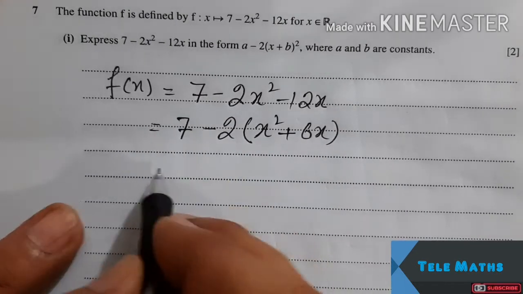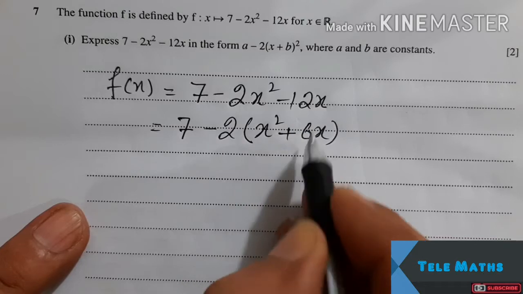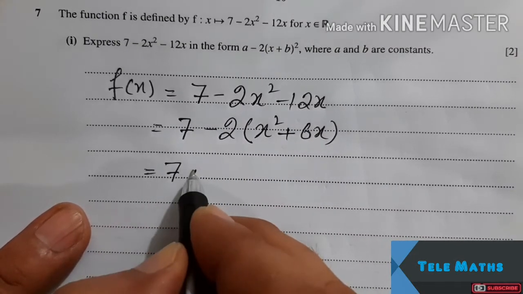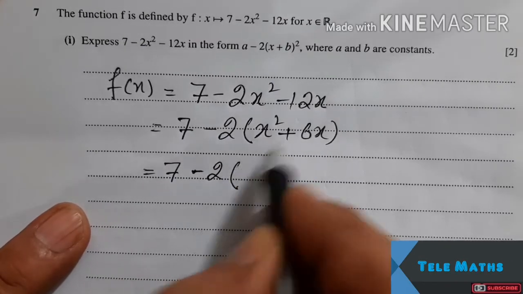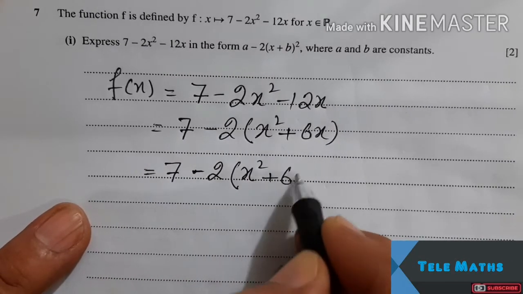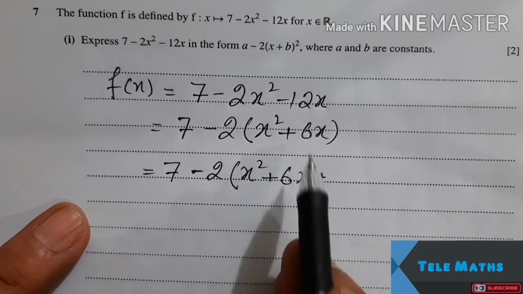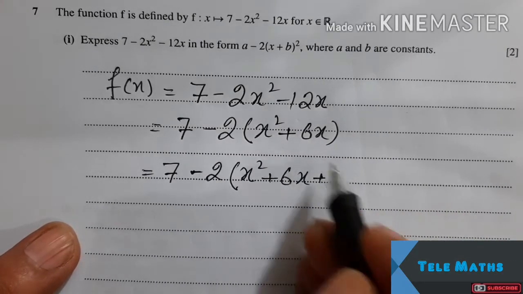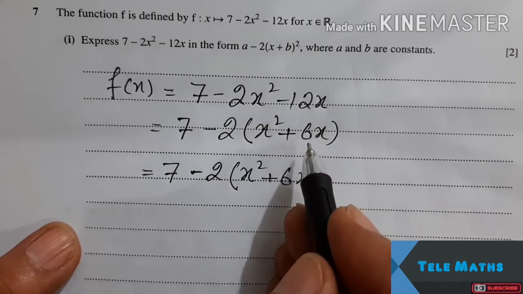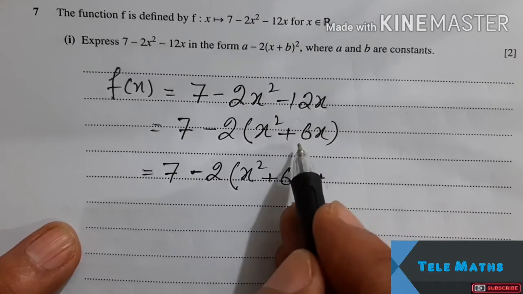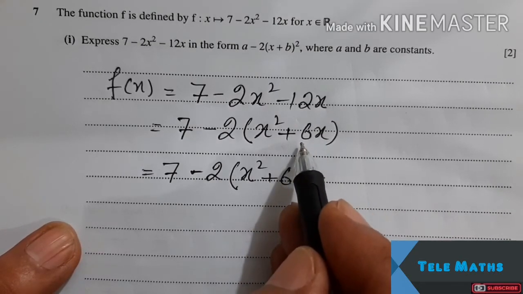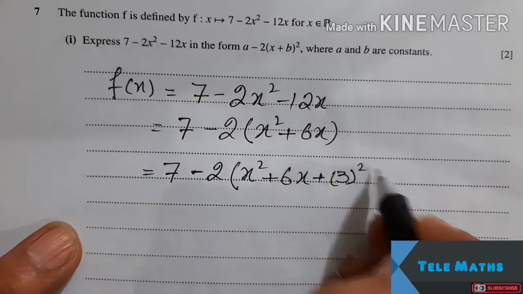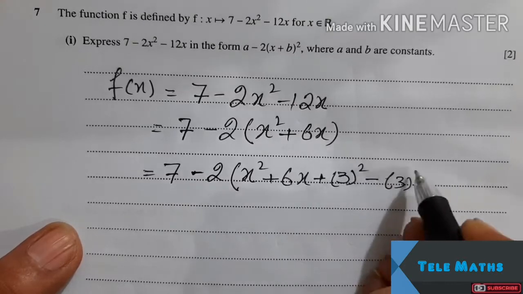So plus. Now I'll try to complete the square of these two terms only. So 7 minus 2 x square plus 6x. I hope all of you know the method of completing square. I'll have to add and subtract the square of the half of coefficient of x. So coefficient of x is 6, its half is 3. So 3 square, add and subtract.